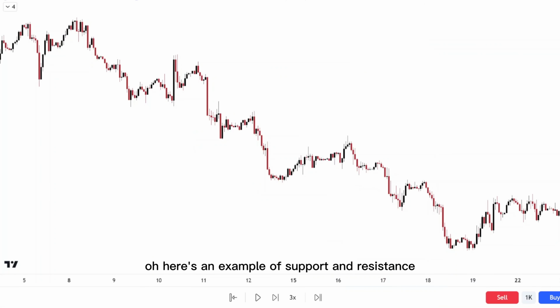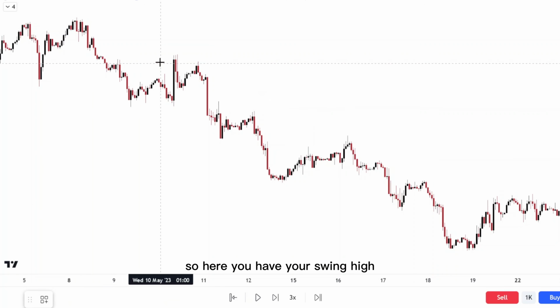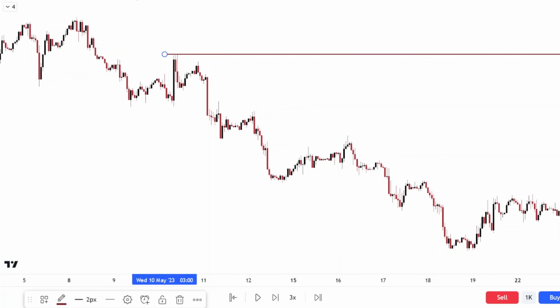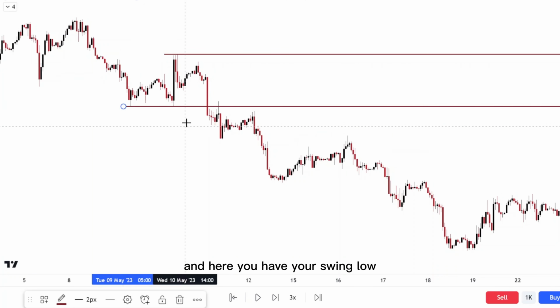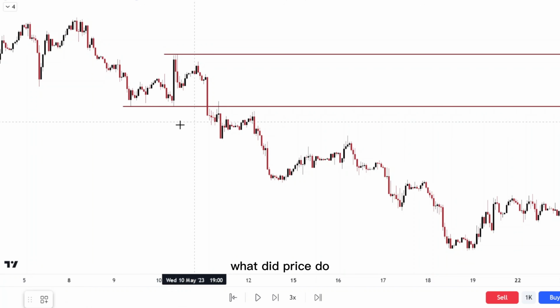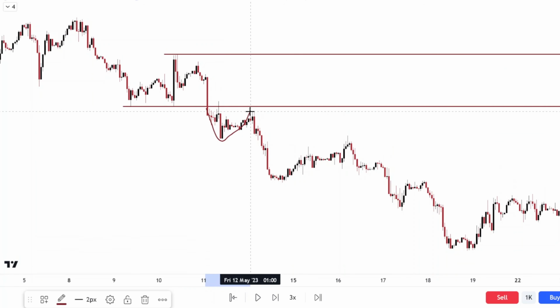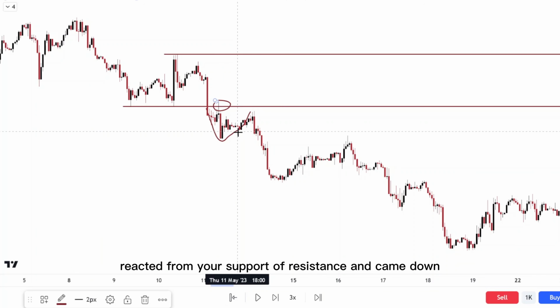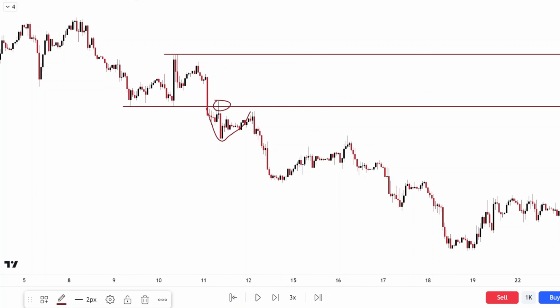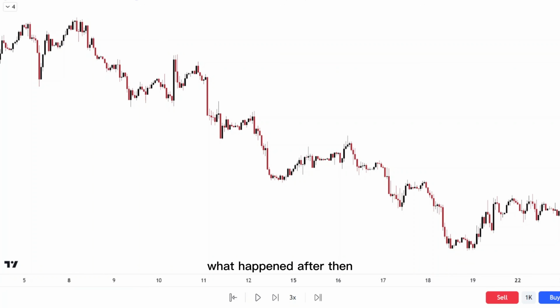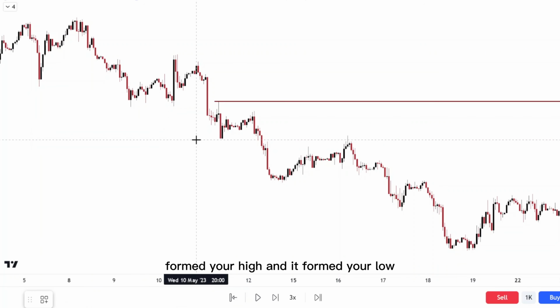So here's an example of a support and resistance market profile. Here you have your swing high, and here you have your swing low. What did price do? Price broke down, reacted from your support and resistance, and came down. What happened after that? It formed your high, and it formed your low.